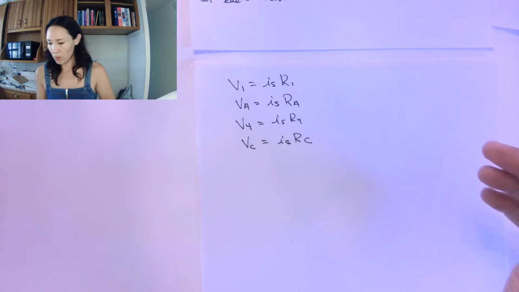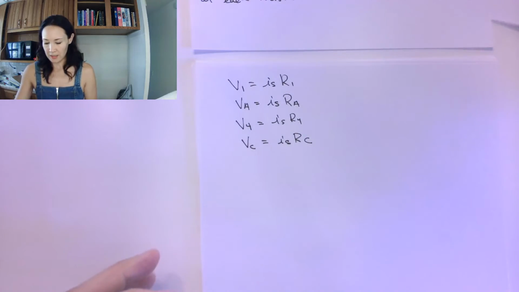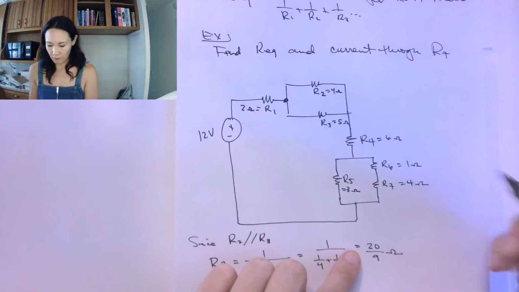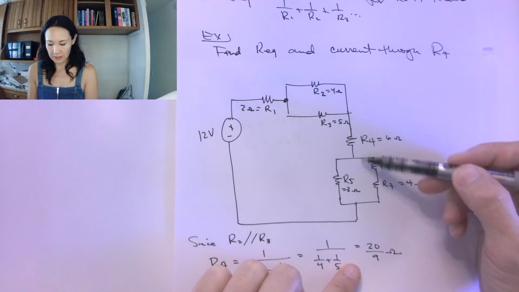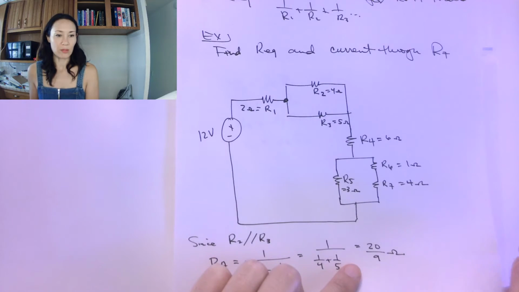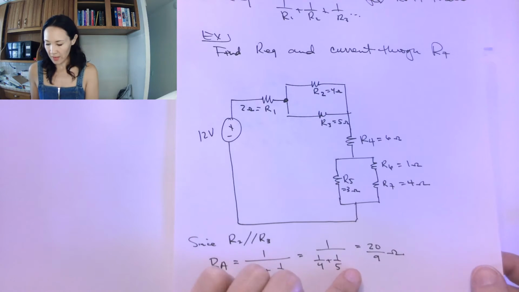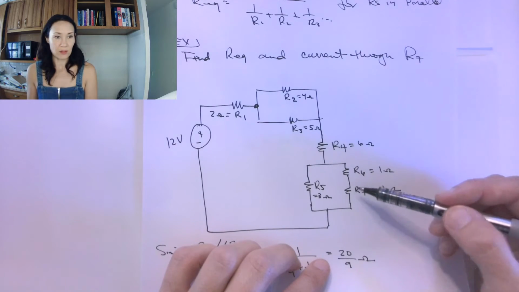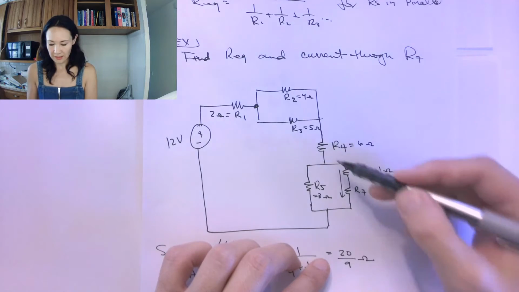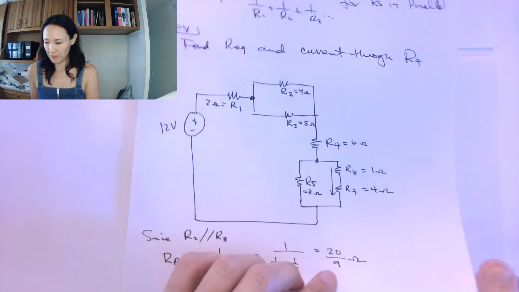Now, the one I'm really interested in is the voltage drop across this parallel network. The reason why is that at the beginning of my problem, I was asked to find the current going through R7. So I'm interested in finding the current that decides to take this branch.